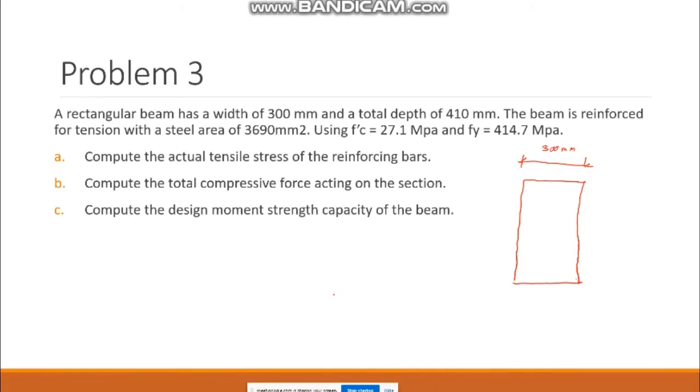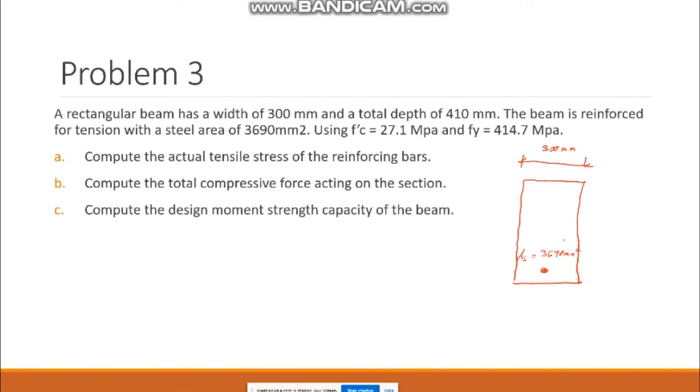Again, we're not given the rebar, we're only given the steel area, so let's just assume it is a single layer. We're given As of 3690.